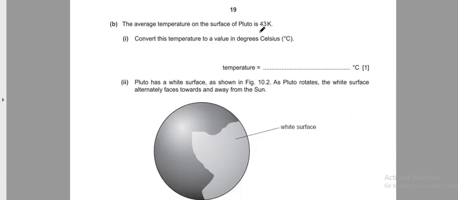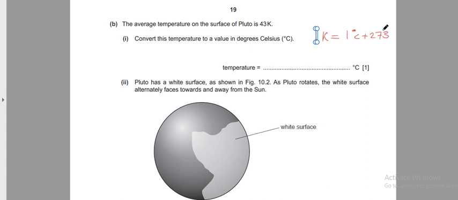Average temperature on the surface of Pluto is 43 Kelvin. Convert this temperature value to Celsius degrees. We know that a temperature in Kelvin is equal to the temperature in Celsius plus 273.